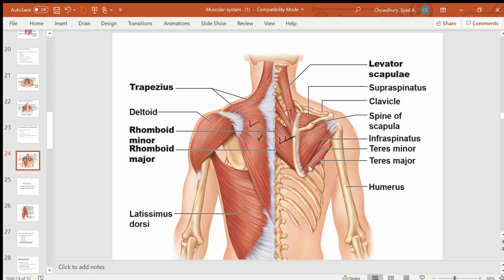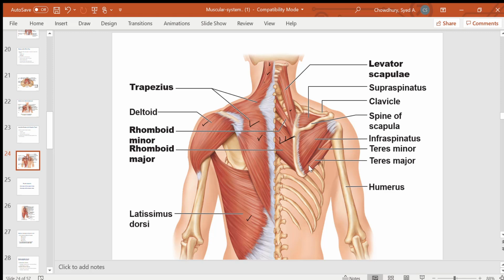Upper end is in the back of the neck here, and this muscle acts on the shoulder. Okay, trapezius. Then I already showed you deltoid in the last slide, right? Now below the trapezius, in the lower part of the back of the trunk, you have this big muscle.